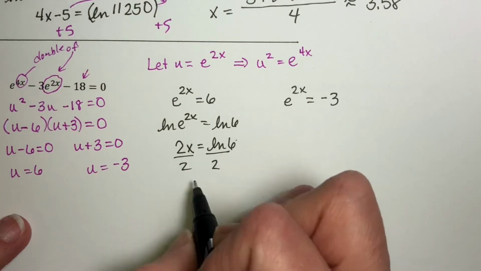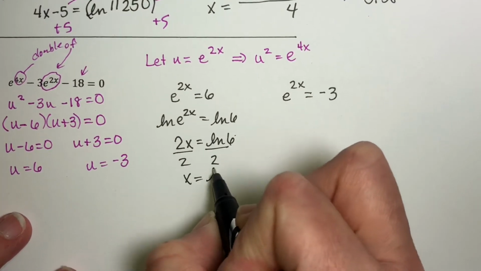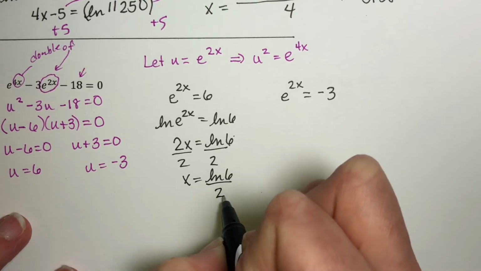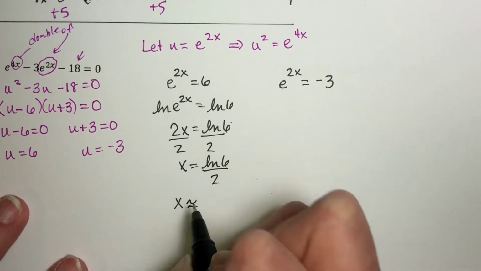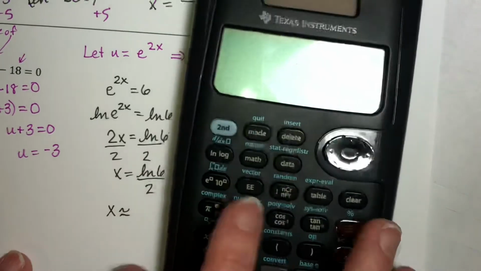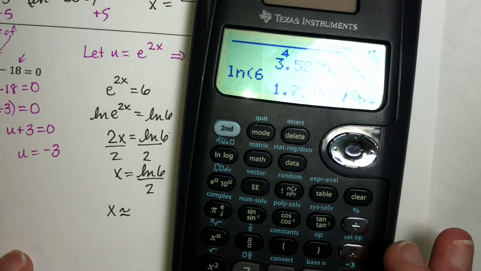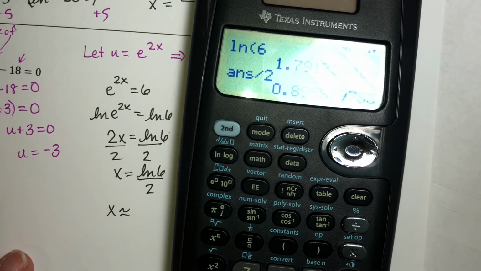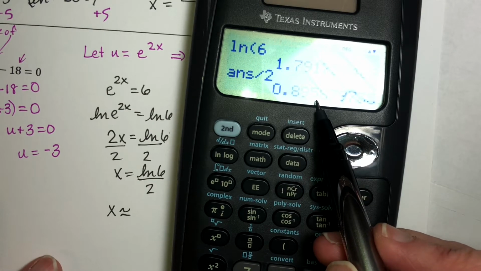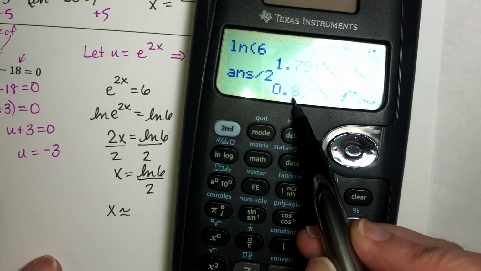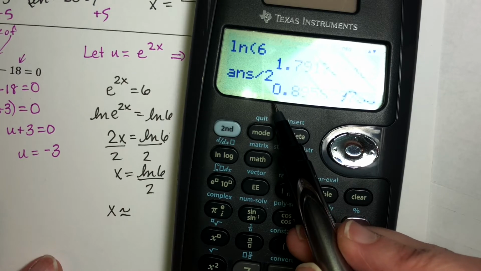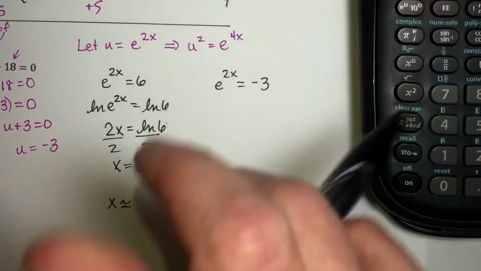So x is equal to natural log of 6 over 2. Let's do natural log of 6, and then divide that by 2. That's approximately 0.90.